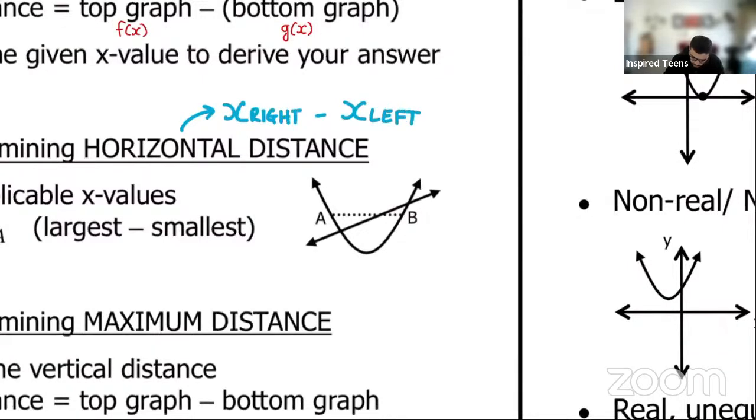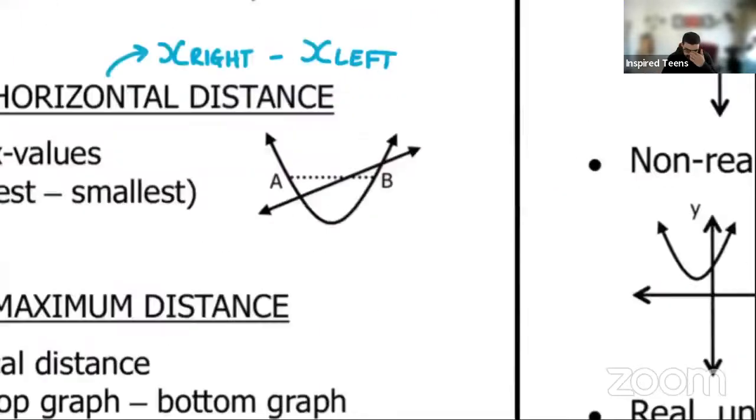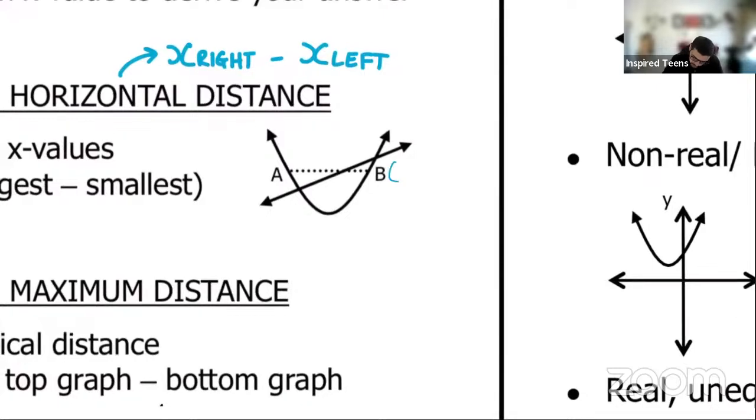That's the general rule for horizontal distance: x right minus x left. So to calculate the distance between A and B, we'd have to subtract the x value of B minus the x value of A.